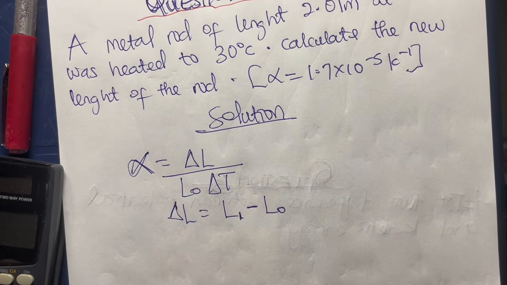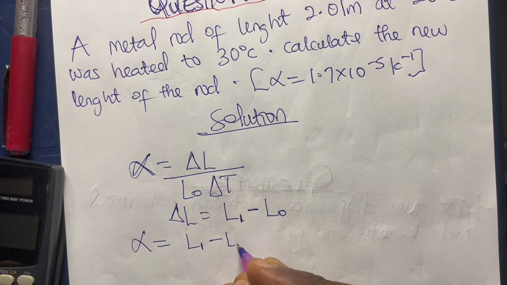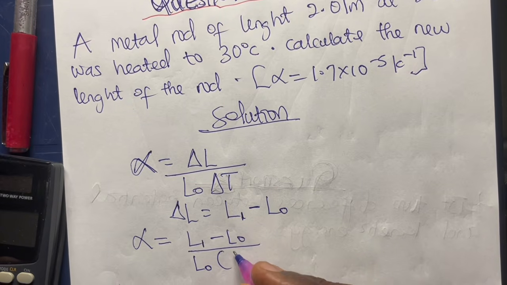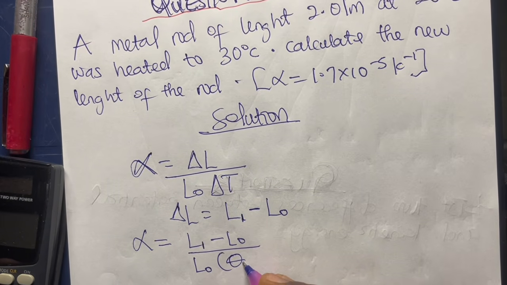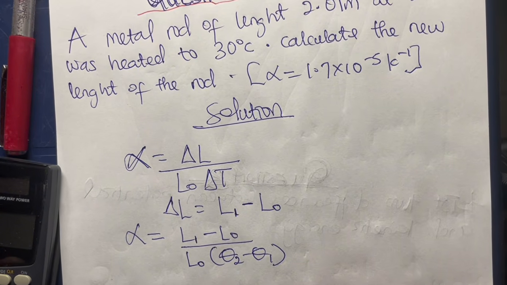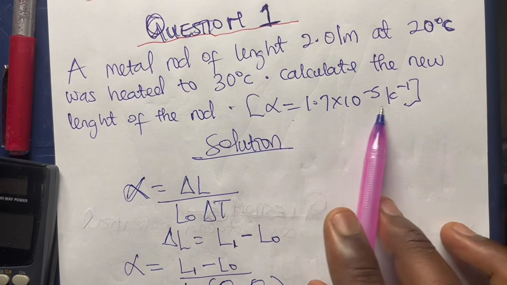So linear expansivity equals final minus initial, all over initial times change in temperature. Change in temperature means theta 2 minus theta 1.